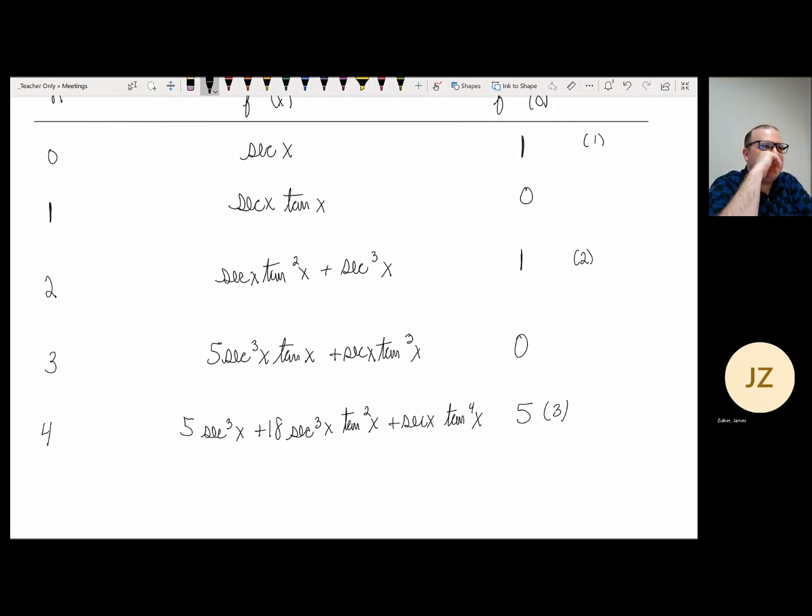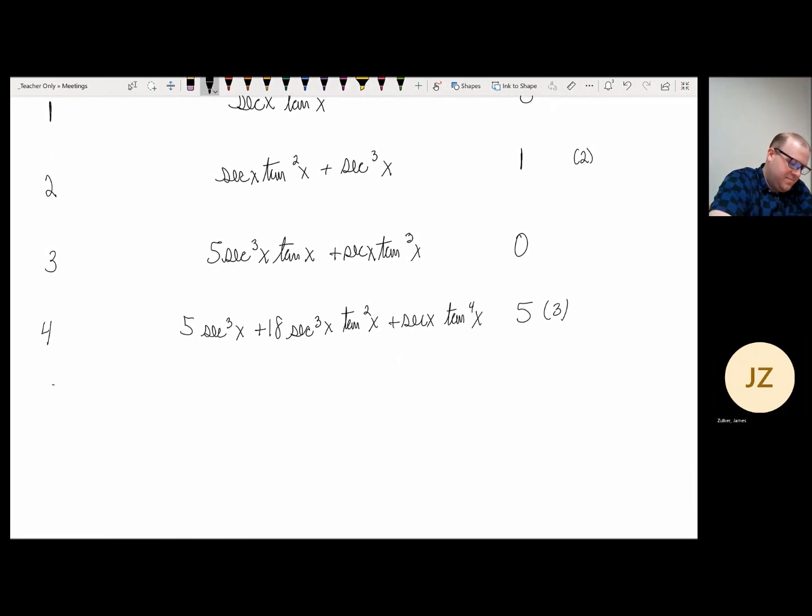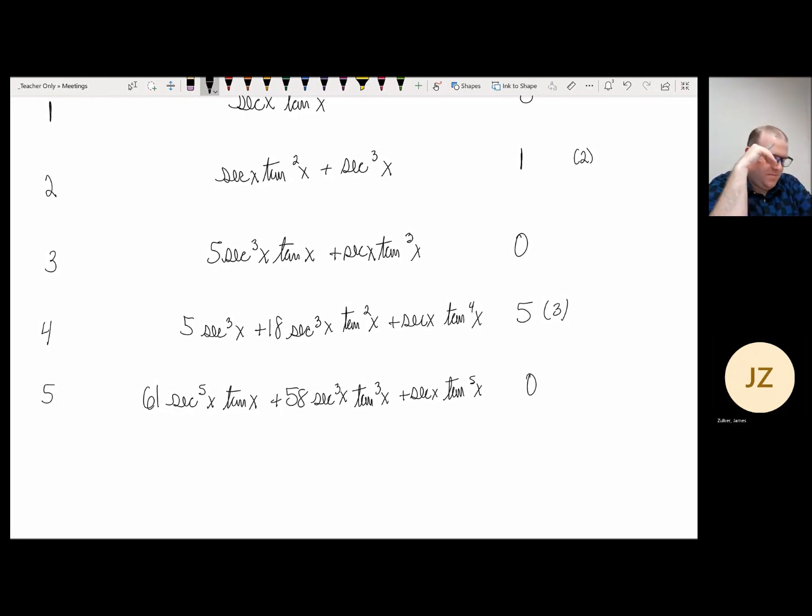And it does. So there's the fifth derivative. Sixth derivative.